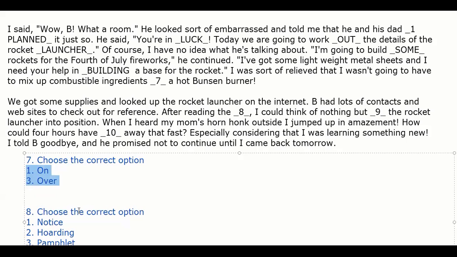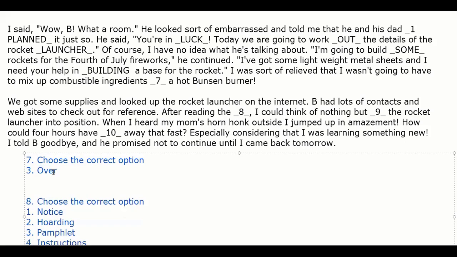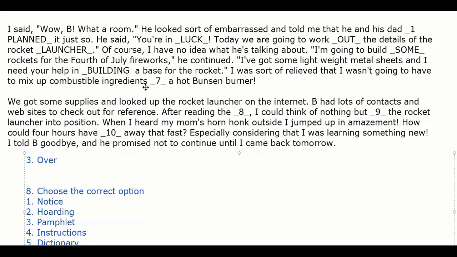Between these two: to mix up combustible ingredients on a hot burner or over a hot Bunsen burner. Devendra, guess one of them. Three, and you are right. Because you are taking one of them, saying, okay, I was sort of relieved that I was not going to have to mix up combustible ingredients over a hot Bunsen burner. Over a hot is the better.